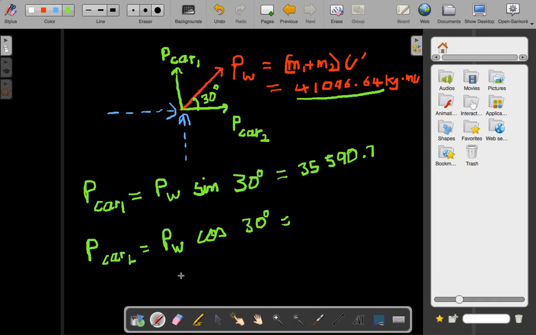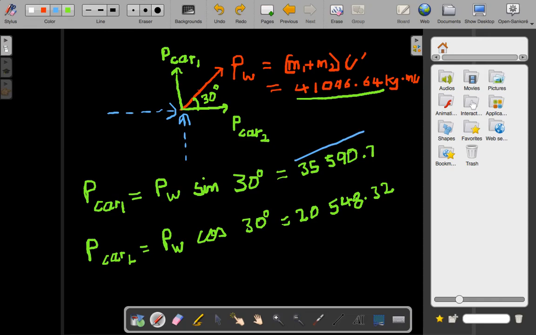And similarly, the momentum of the second car would be 20,548.32.